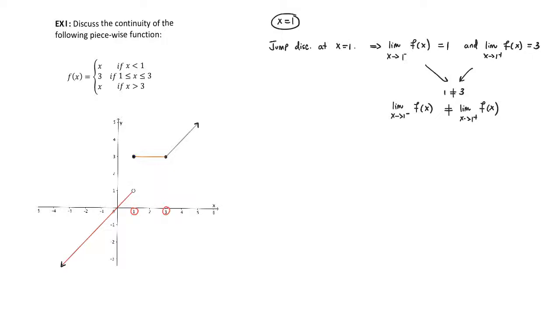Allow me to make a note of that: f is right continuous at x equals 1. In other words, the limit as x approaches 1 from the right of f of x is equal to f of 1. So that's pretty much clear. The limit and the value of the function at 1 from the right are equal to each other.